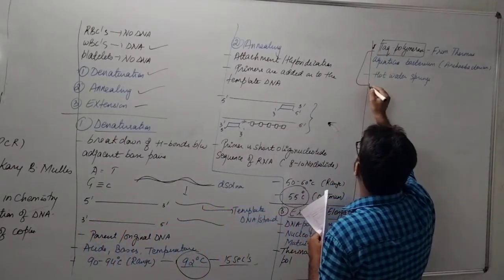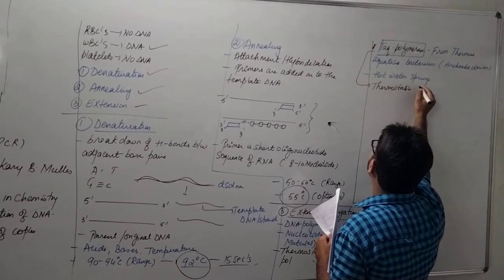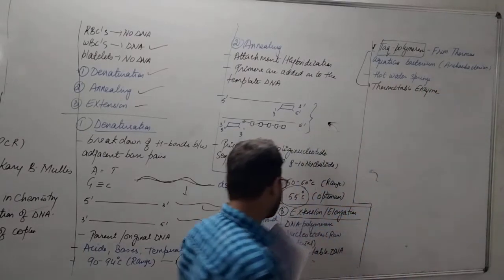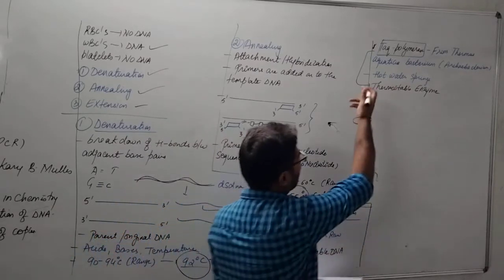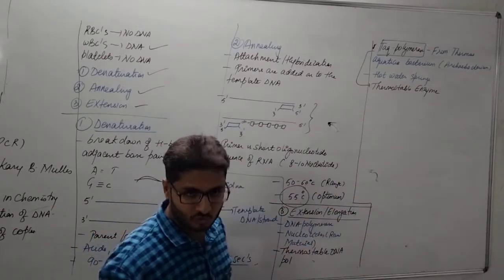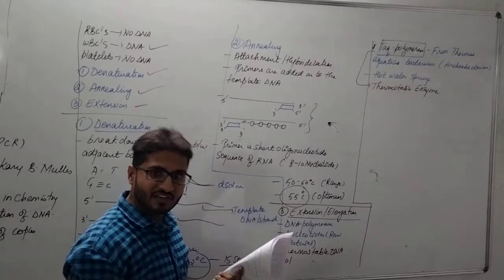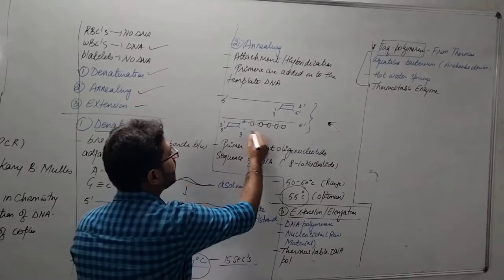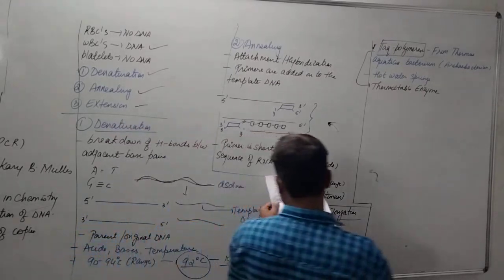This Taq polymerase is a thermostable enzyme, right? So nucleotides are also added. Taq polymerase is a DNA polymerase only, but a modified version, right? Taq polymerase, that is DNA polymerase we have, raw material, that is nucleotide we have. Now extension or elongation will take place.